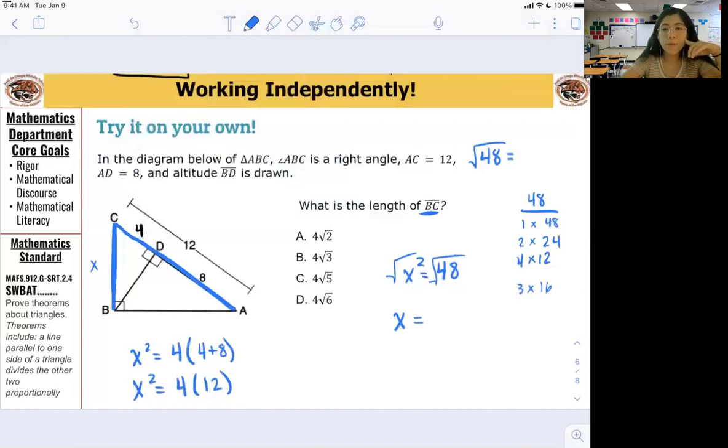And remember, you always want to find a perfect square, but you also want to find the biggest perfect square. So yeah, 4 is a perfect square, but which one is even bigger? Which factor is another perfect square on this list? Yeah, 16. 6 is not a perfect square, Jalen. Can you take the square root of 6?